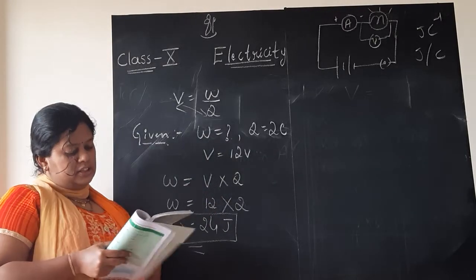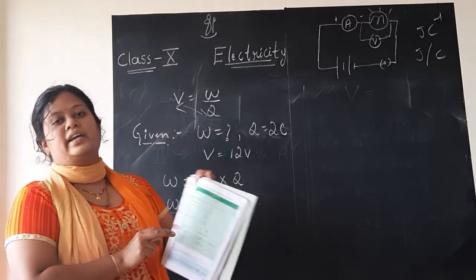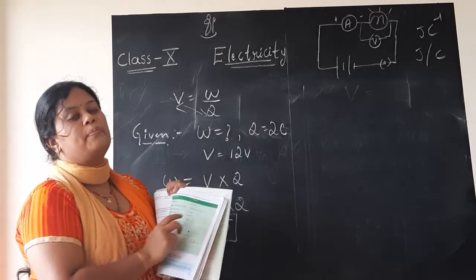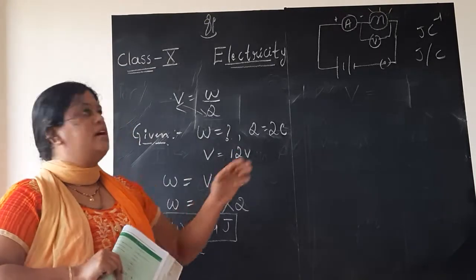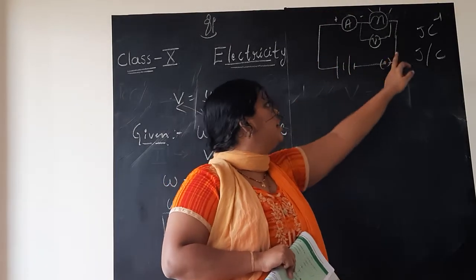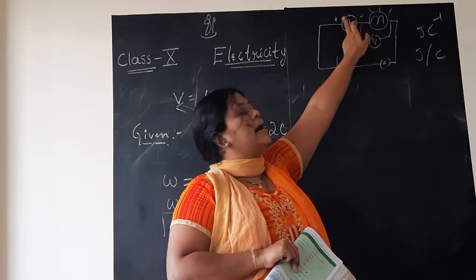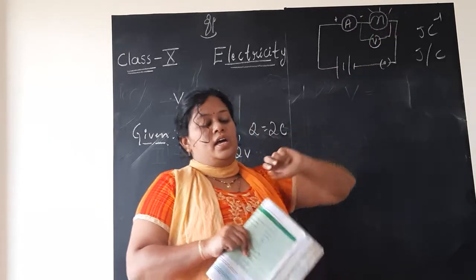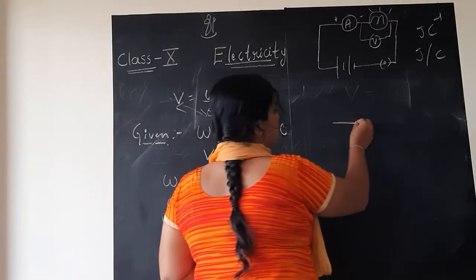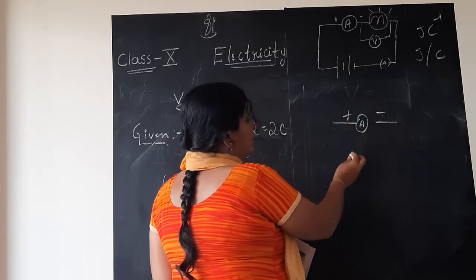Next, children, in your textbook, page number 97, you have symbols of some commonly used components in the electric circuit. We already studied the basic electric circuits. What all does it consist of? A conducting wire, battery, switch or the plug key, voltmeter, ammeter and the bulb. I showed you, ammeter is A in a circle with 2 lines for the 2 conducting sides.